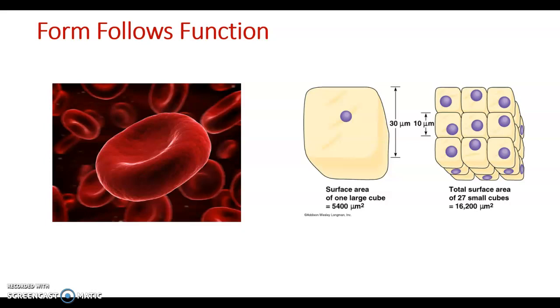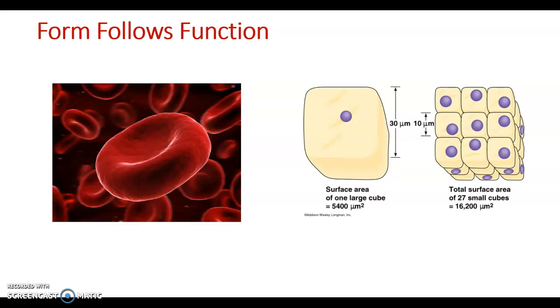This unique shape, and the fact that they're pretty small compared to other cells, gives them lots of surface area to carry out their primary function, which is to carry oxygen through the bloodstream to cells and carry carbon dioxide away from cells. Very important task. If they were round or larger, like the typical animal cell, then we would need a lot more red blood cells to accomplish the same amount of work.